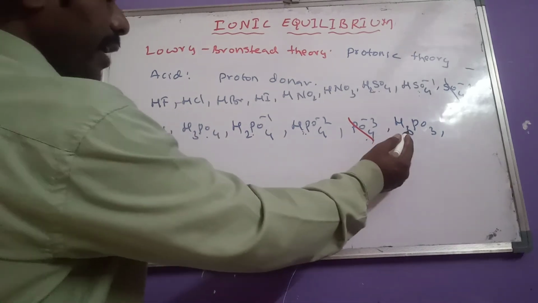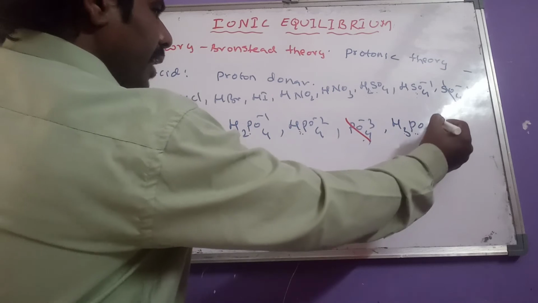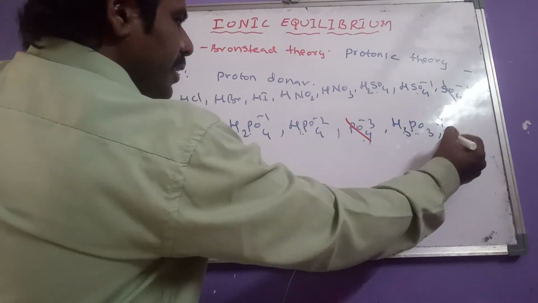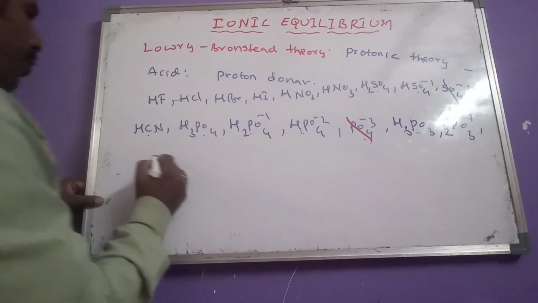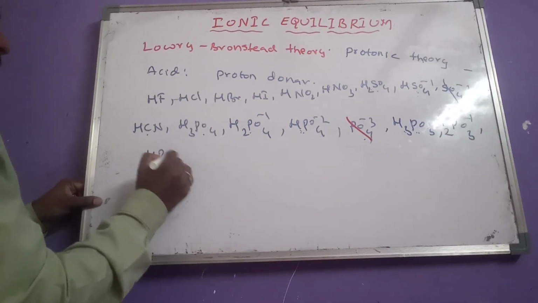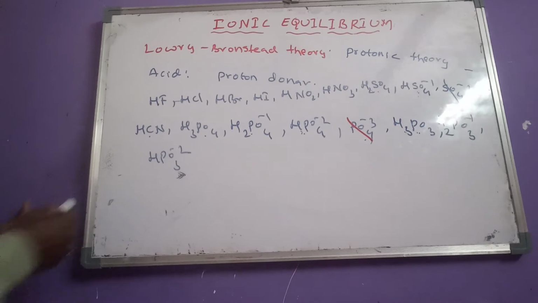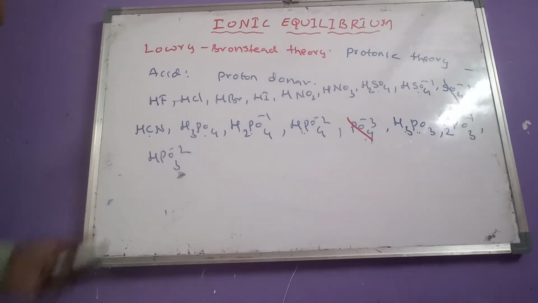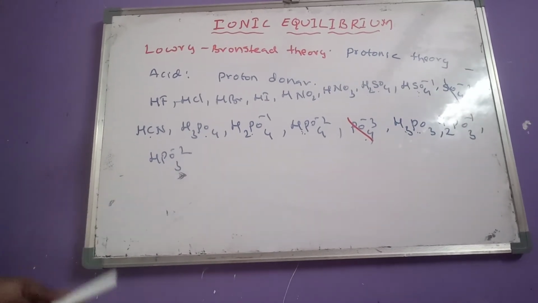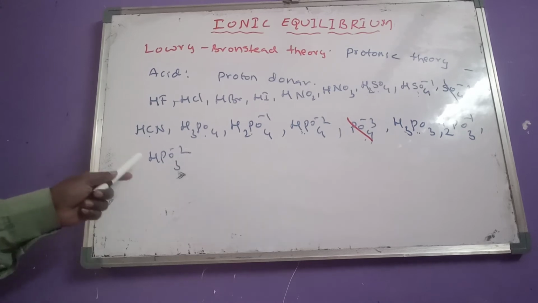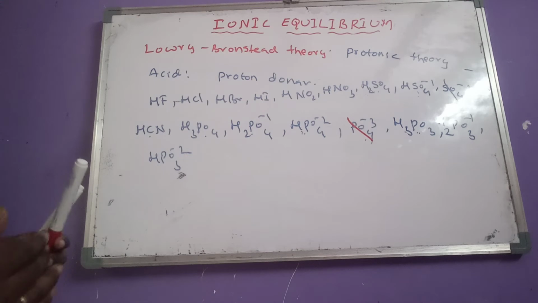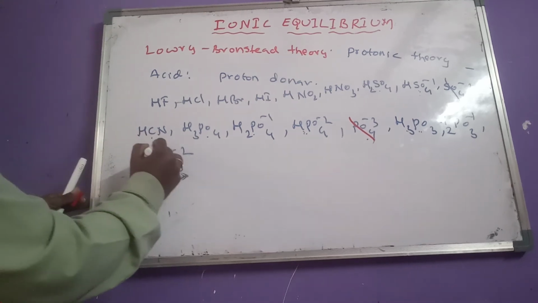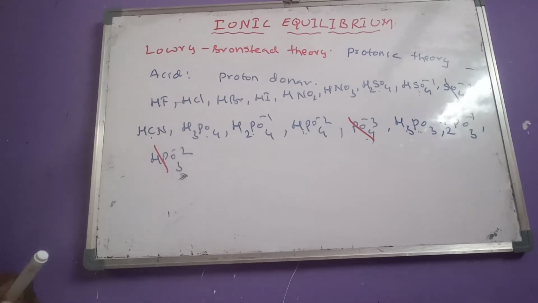So it can act as an acid. After removal of one H plus we get H2PO3 minus, and after removal of another H plus, HPO3 minus 2. But here there is a hydrogen that cannot be donated as H plus because it is directly bonded to phosphorus, so this does not act as an acid.